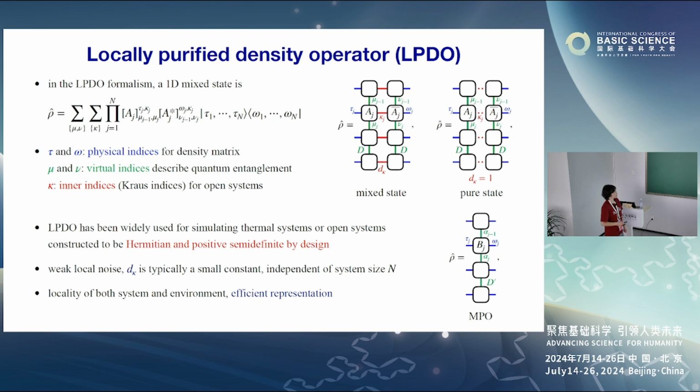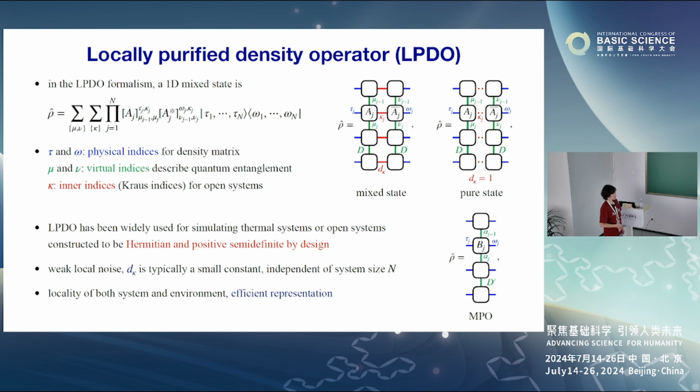Because for every tensor A in the left column, the corresponding one in the right column is A star, the conjugate of A. This is a very natural structure for the physical density matrix, because the physical density matrix also has to satisfy this condition. And if we group these two together, we get this MPO structure.